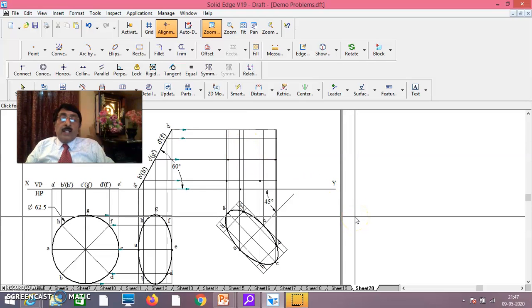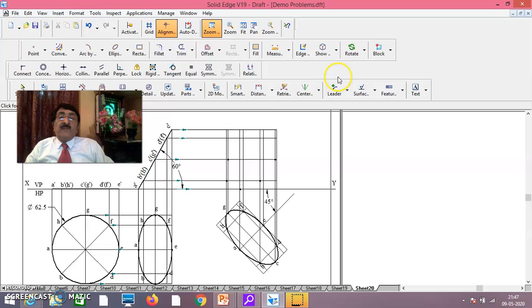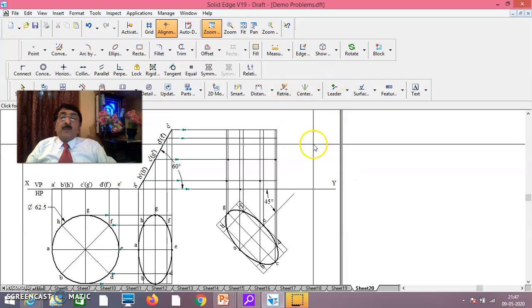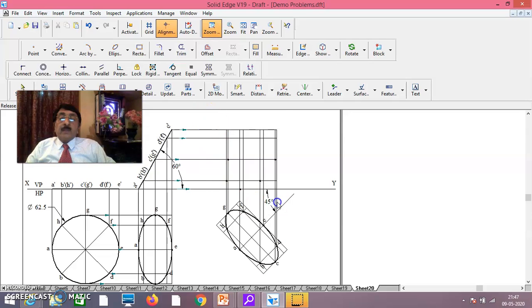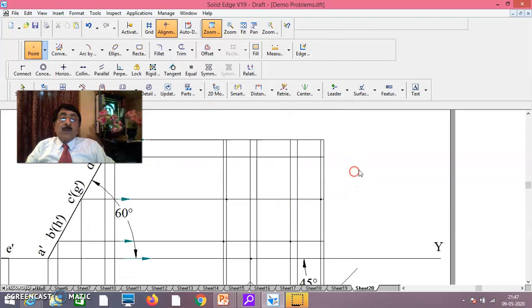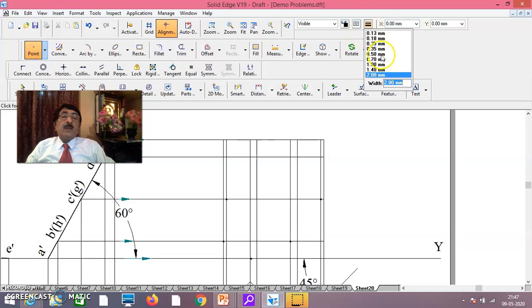Okay, D and F is on the first and fifth line. That is why first and fifth line, D and F. Then zoom the area, take the point, this is the first point.